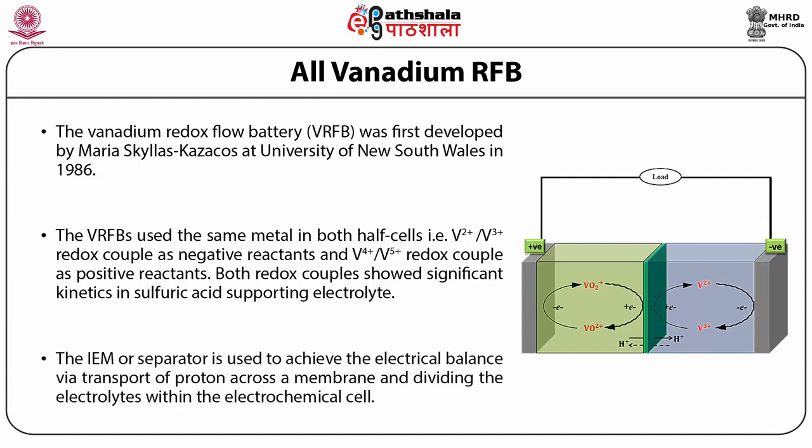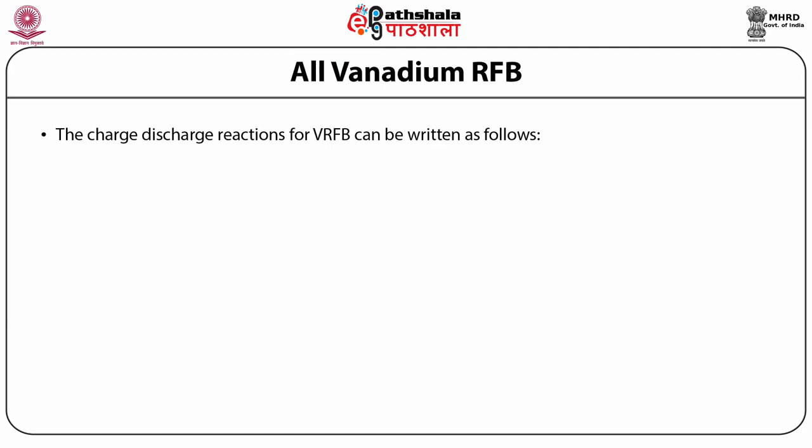The IEM or separator is used to achieve the electrical balance via transport of protons across a membrane and divides the electrolytes within the electrochemical cell. The charge-discharge reactions for VRFB can be explained as follows.